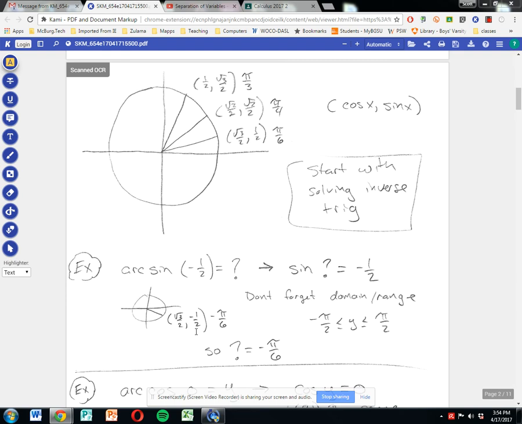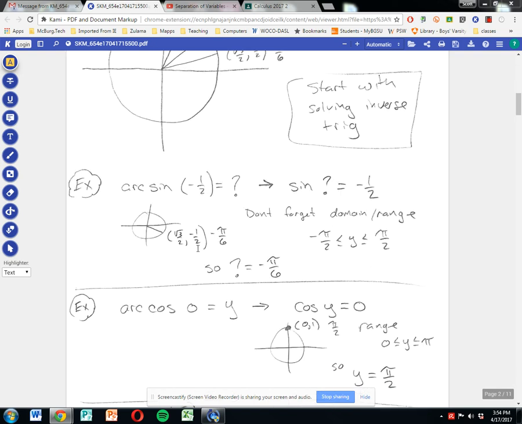So what are we looking for? We're looking for the place where sine of some rotation is equal to -1/2. Well, we know that sine of pi/6, remember sine is the y value, is 1/2. Since this range is -pi/2 to pi/2, we just go down here to -pi/6, and that would be -1/2. So in this particular case, question mark is -pi/6.